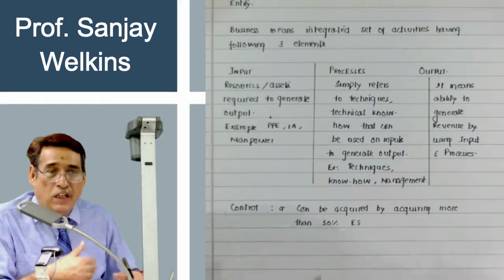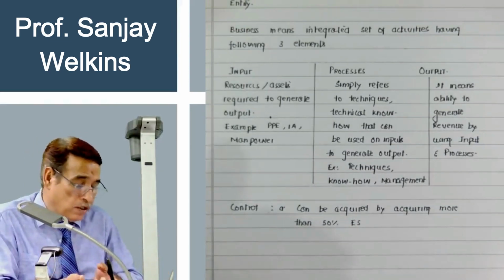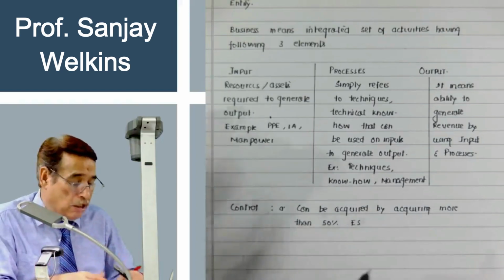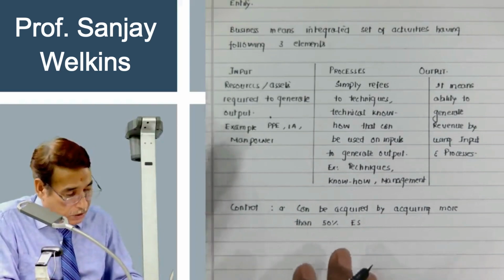So if I get more than 50% of the equity shares of the other entity, quite obviously control will be in my hands. So this is one way of getting the control. We call it majority stakes. Is it clear to you?